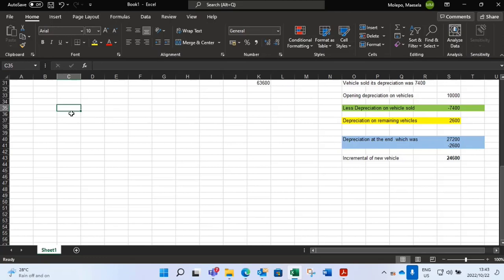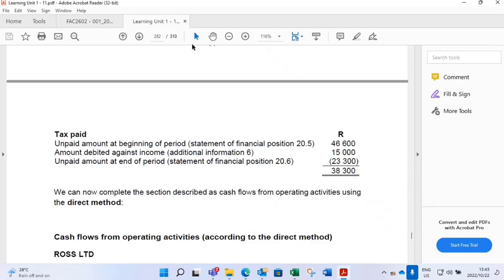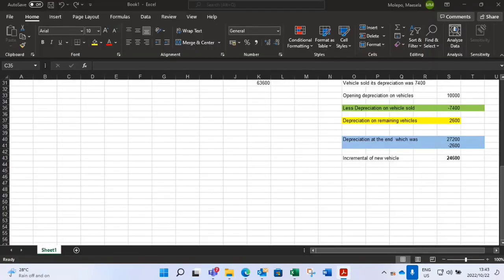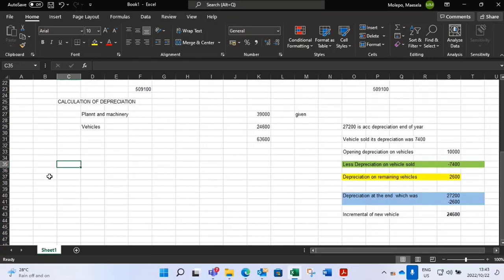Like calculation of these, normally it's the tax paid, the dividend paid. So this will be your net cash from operating activities.